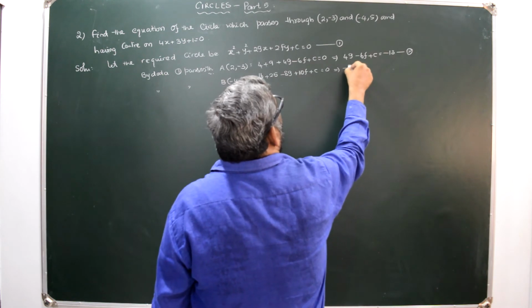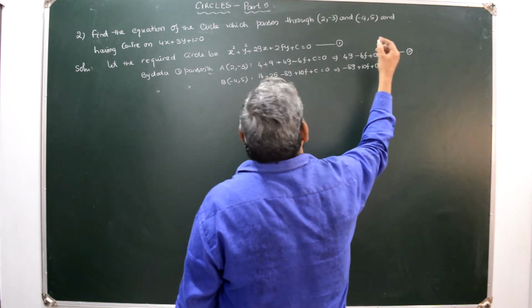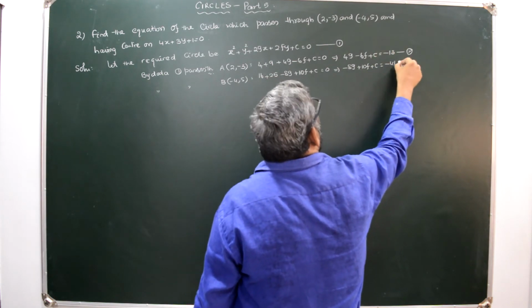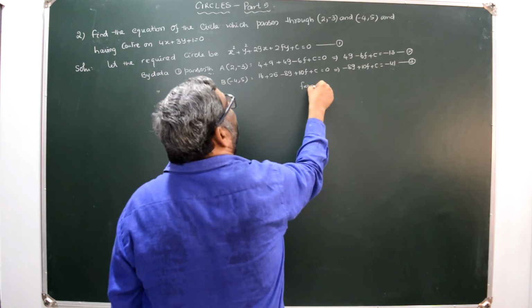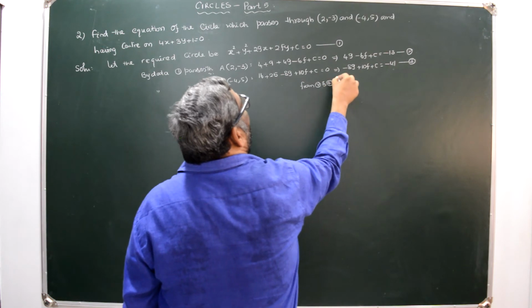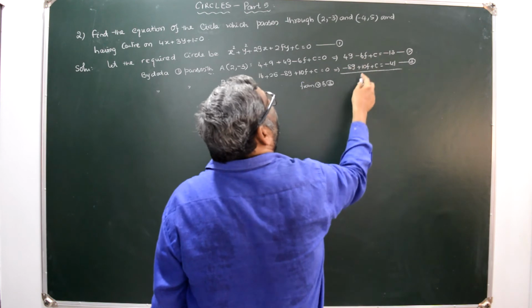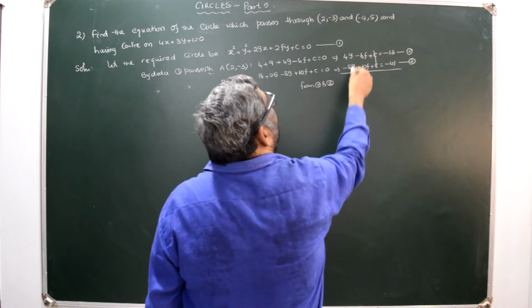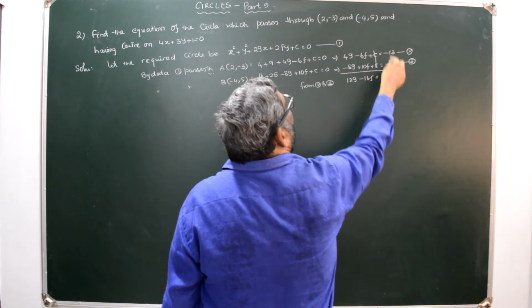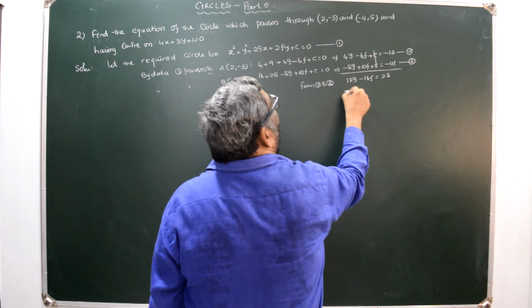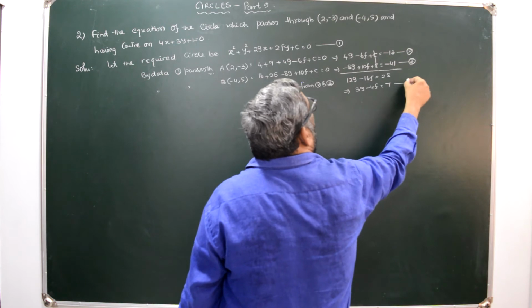So minus 8g plus 10f plus c is equal to minus 41. You can call this as 3. From these two equations, from 2 and 3, if you solve these two, subtract. This is 12g minus 16f is equal to 28. So 3g minus 4f is equal to 7. You can call this as the fourth equation.